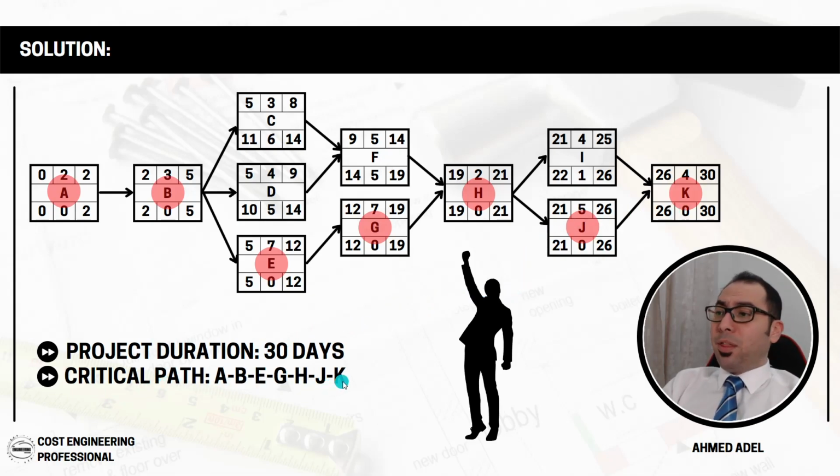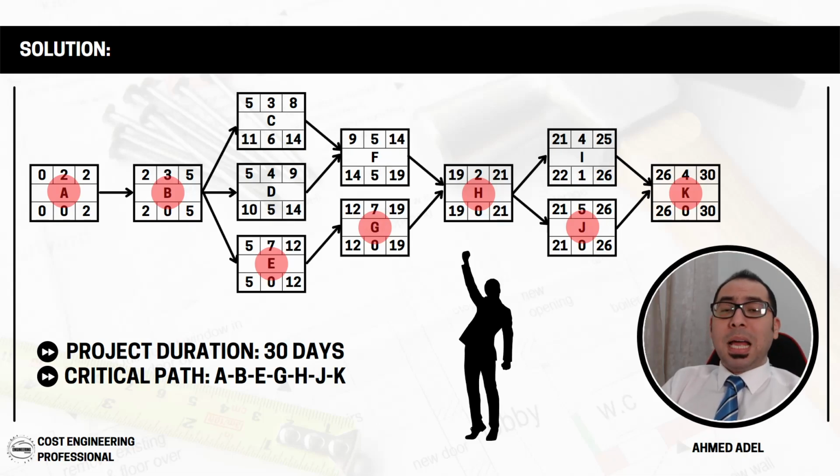So the critical path in this project is A, B, E, G, H, J, K. Any activity falling on this path cannot be delayed by even 1 minute, because if it happens, the project will also be delayed by 1 minute or 1 day or whatever delay happens, because these activities have no float in them.